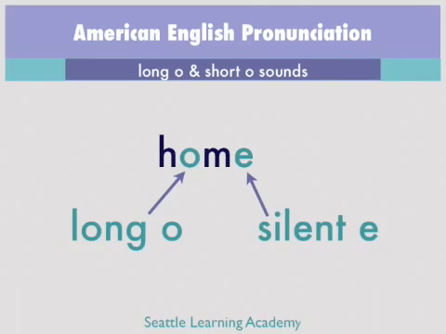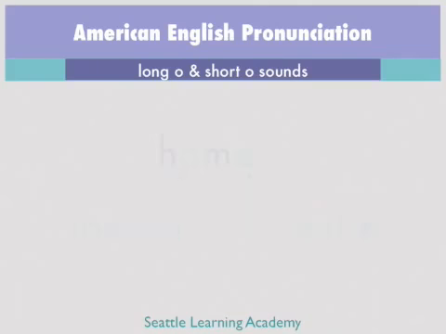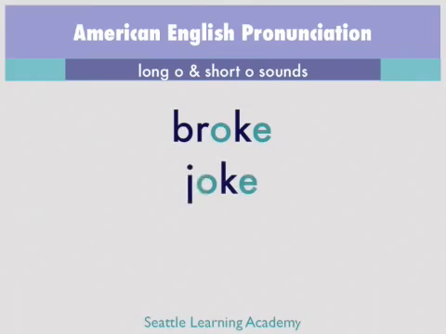Here are some more examples of the vowel consonant E rule for the long O spelling. Broke. B-R-O-K-E. The O is said as a long O, and the E is silent. Joke. J-O-K-E.